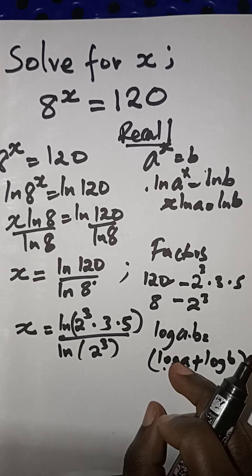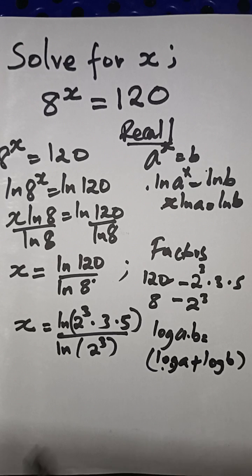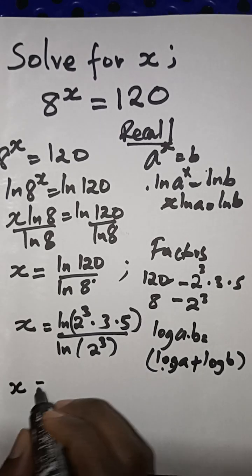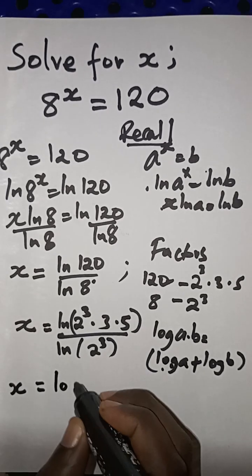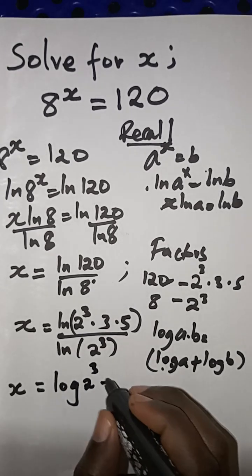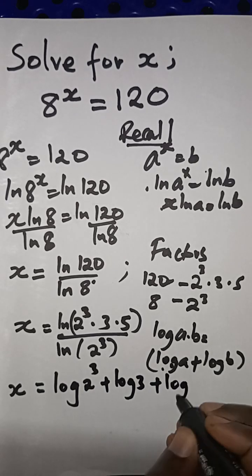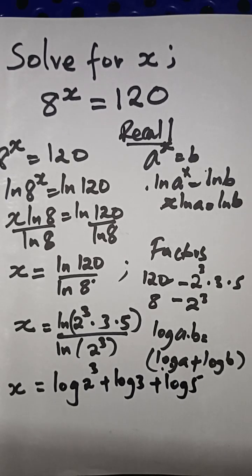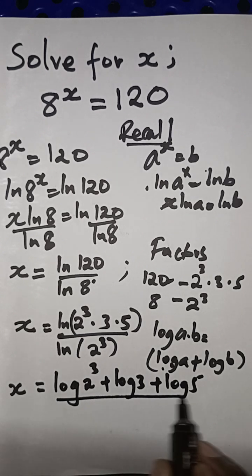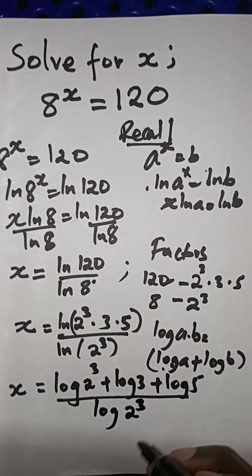So I'm going to reuse the log or the ln to represent the same thing, so that the value of x now changes to the log of 2 to the power of 3 plus the log of 3 plus the log of 5, divided by the log of 2 power 3.